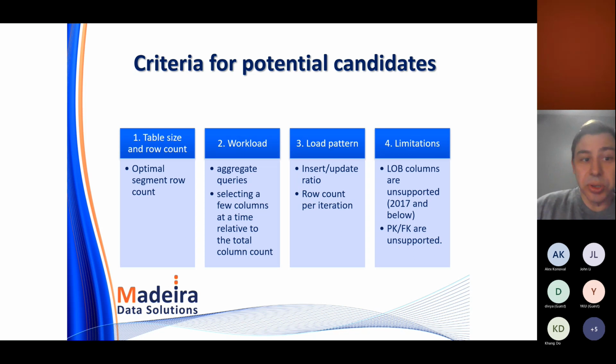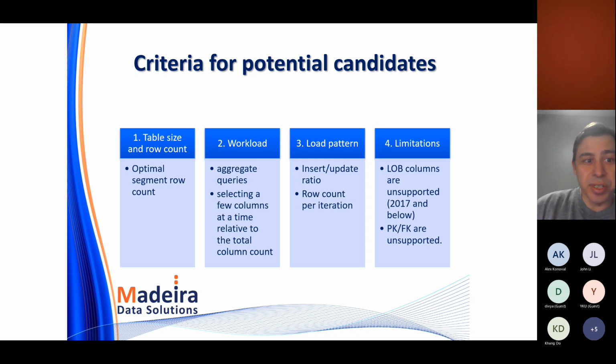Okay, so how do you determine potential candidates for your Columnstore table? First of all, table size and row count. Basically, the larger the table is, it's more likely that it will be a good fit for a Columnstore index. The most obvious advantage is the storage space.